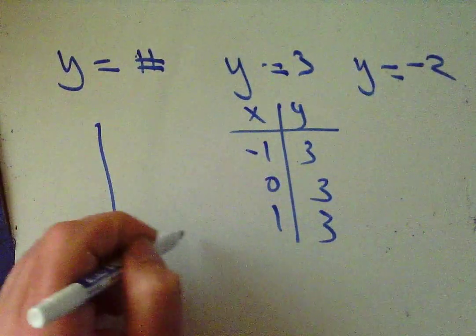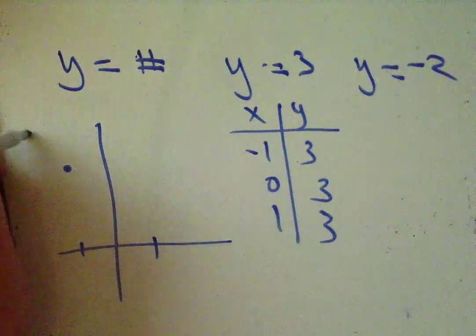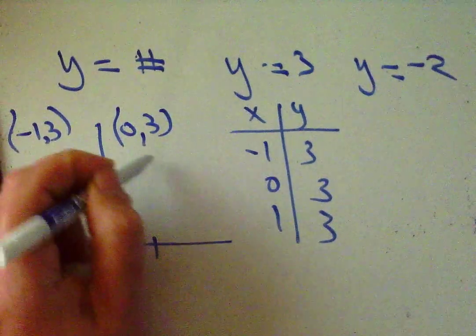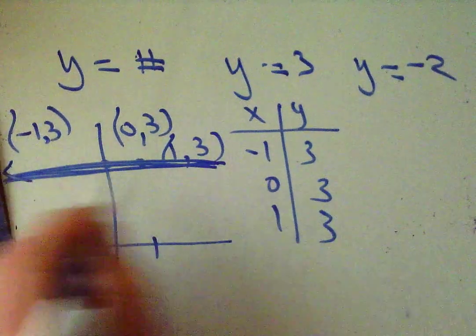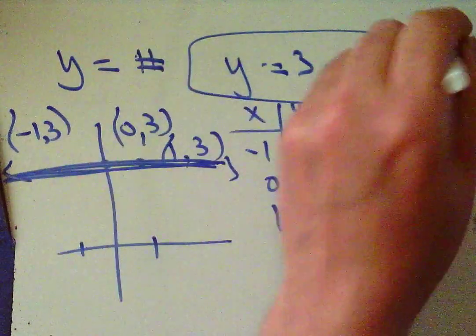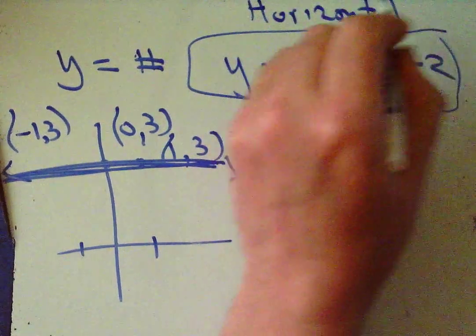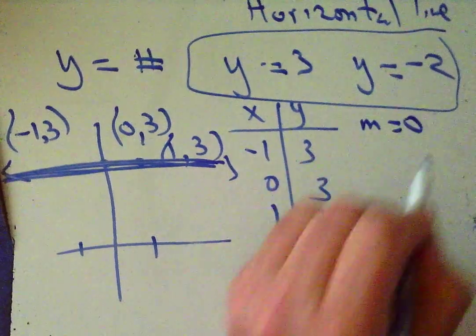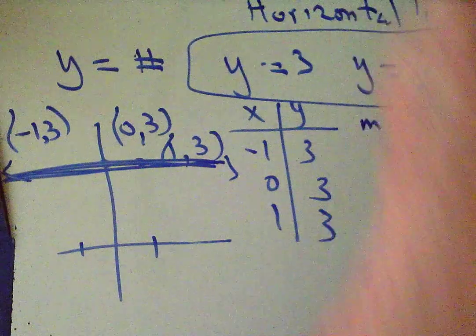What kind of line do I get when I graph those points? I get a horizontal line with a slope of 0. So whenever I see y equals a number, that's going to make a horizontal line, and we know that a horizontal line has a slope of 0. That's one of our special lines, y equals a number.